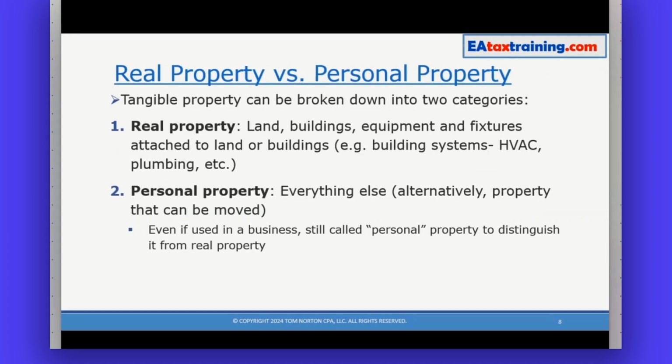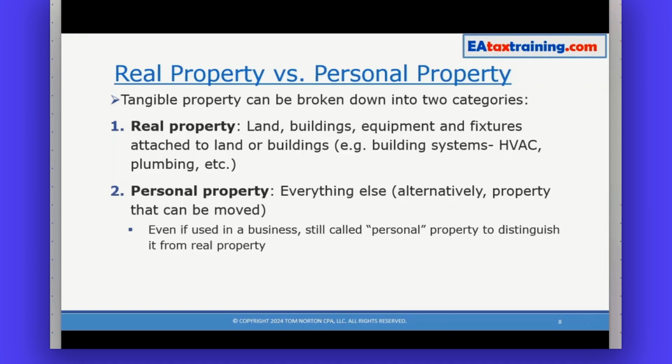If you have a house, you have the house itself and all the systems like air conditioning and electrical, that's all real estate. The land that the house is sitting on is also real property. But everything in the house, the furniture, the paintings on the walls, the clothes that the people who live there have, the exercise equipment in the house, anything that's in the house that's not part of the house or the land would be considered personal property.